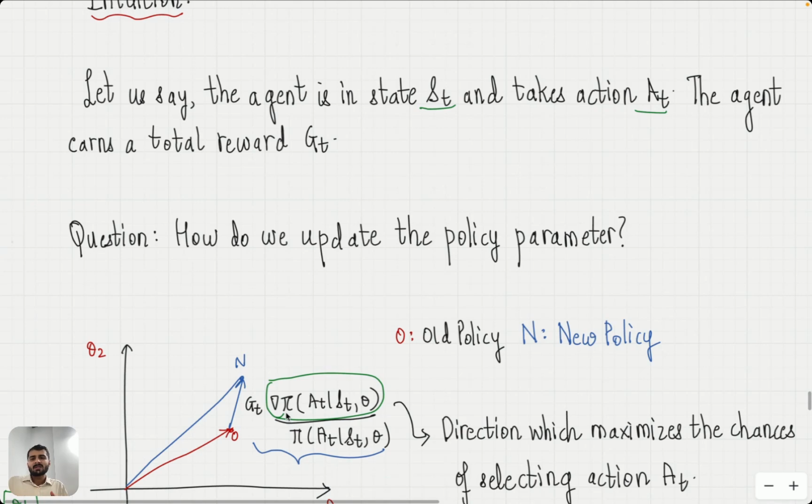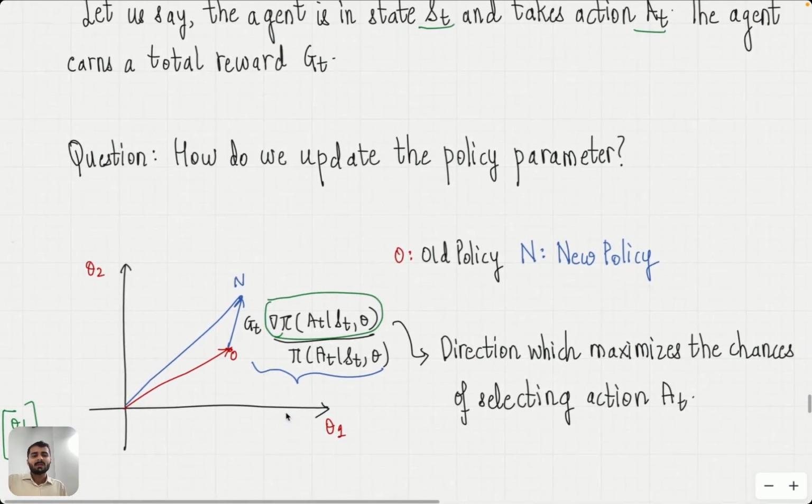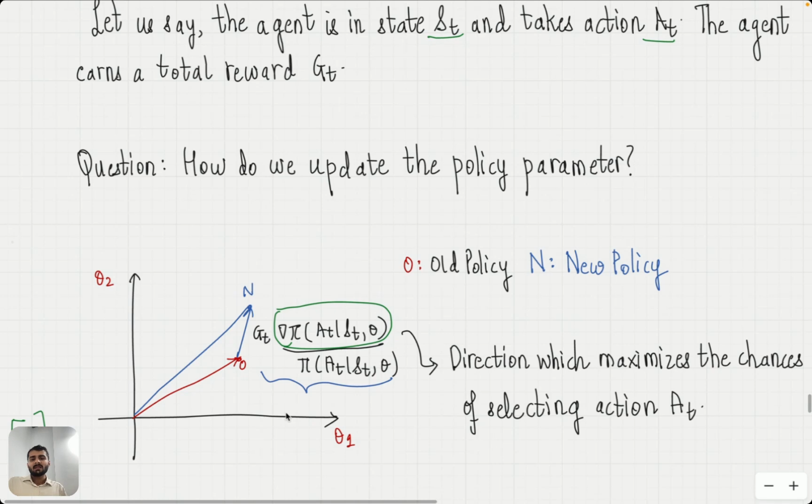Now what does this direction signify? There are a lot of directions I can take at this point. I can take this, I can take this, I can take this. Why only this direction? Because if I move in this direction, then whenever my agent is in state s_t, it will maximize my chances of selecting action a_t for that state.